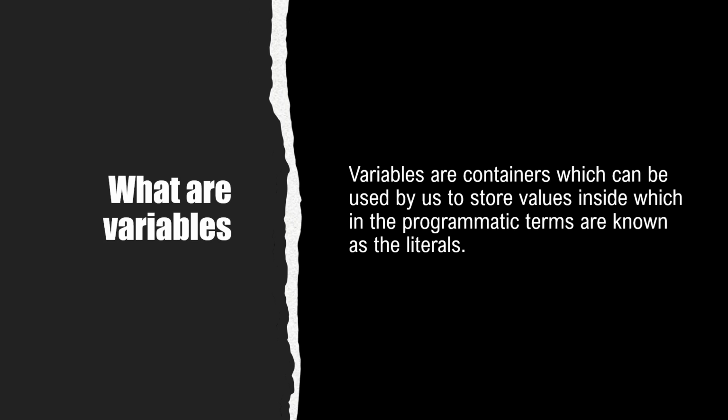Variables are just containers which can be used to store a value within them, and the value is known as the literal. So variables store literals. A variable is nothing but a container which can be used to store data or a value, and those values or data are known as literals. I think this slide is very clear.